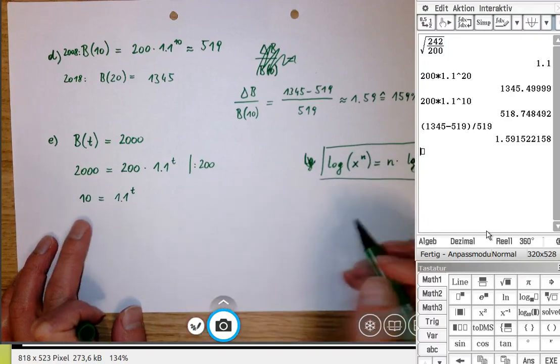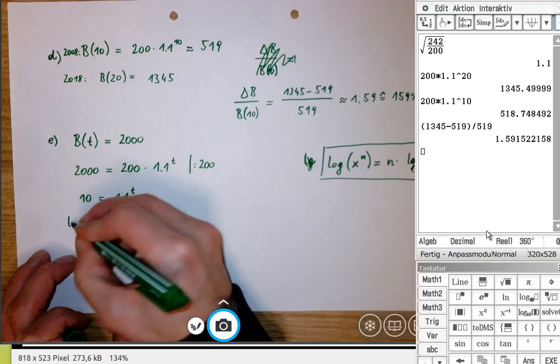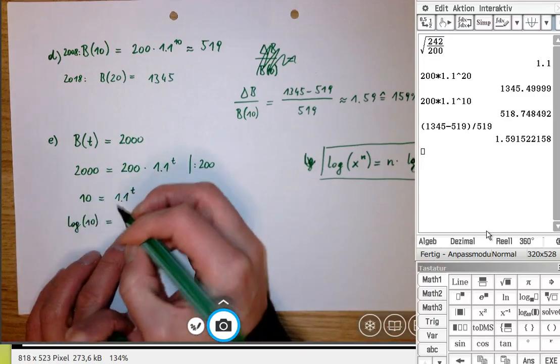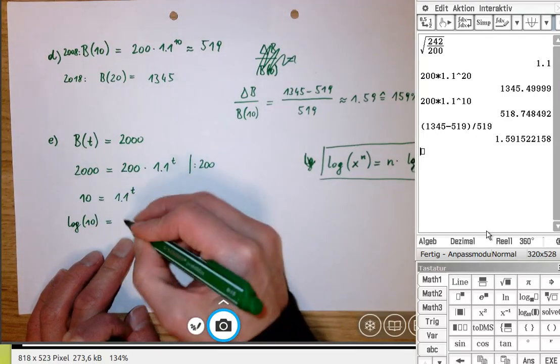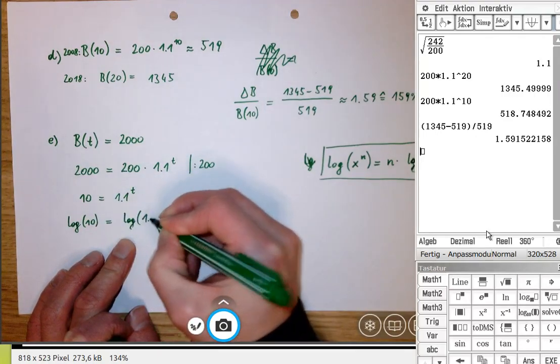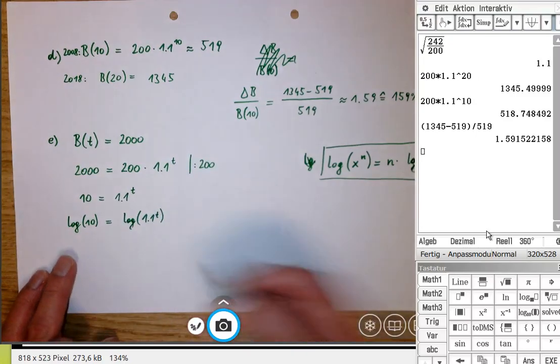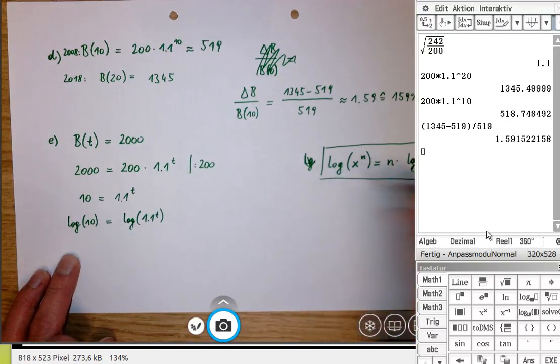So we are now applying the logarithm. So we got the logarithm of 10 equals the logarithm of this one. Up to now, nothing special has happened, but now we can apply this special rule.